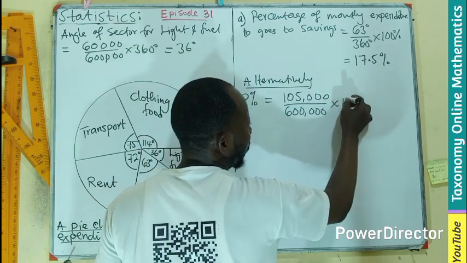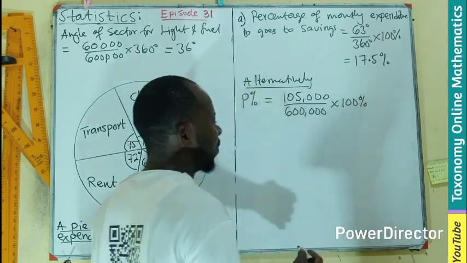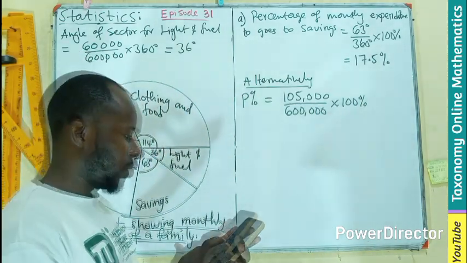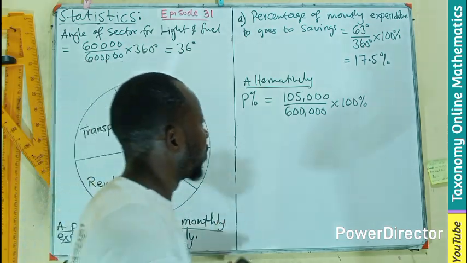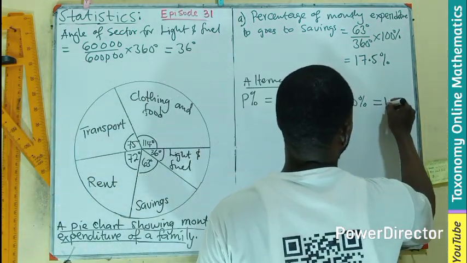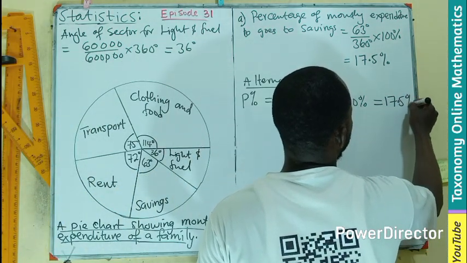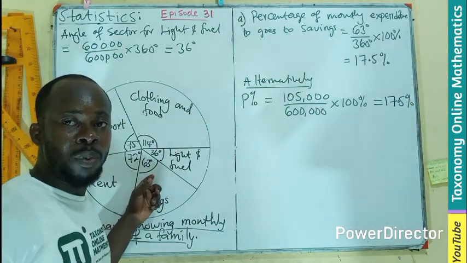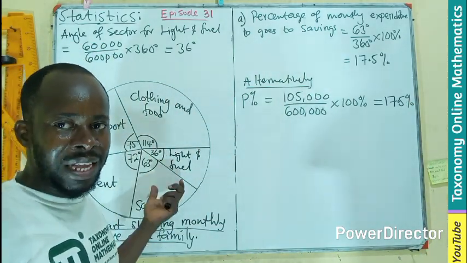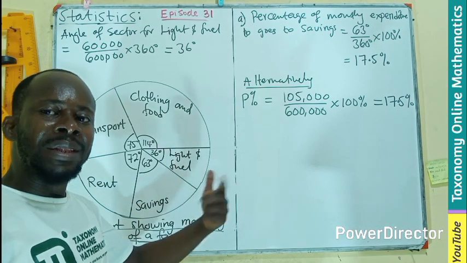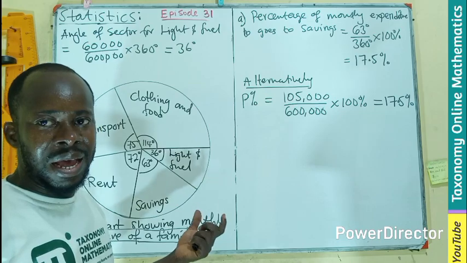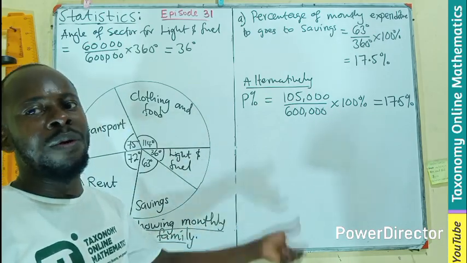Then multiply that by what? 100%. Let's see what that will also give us. And that will still give you 17.5%. So either we use the angle corresponding to the item divided by 360 times 100, or we use the item that is being spent from the beginning over the total times 100.